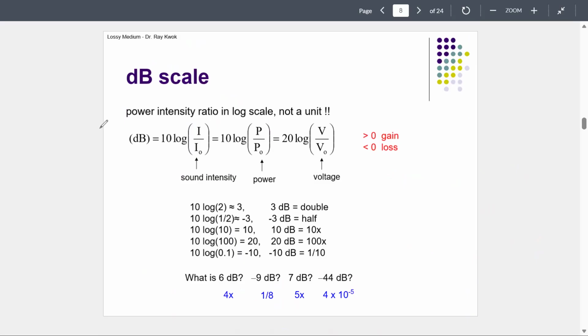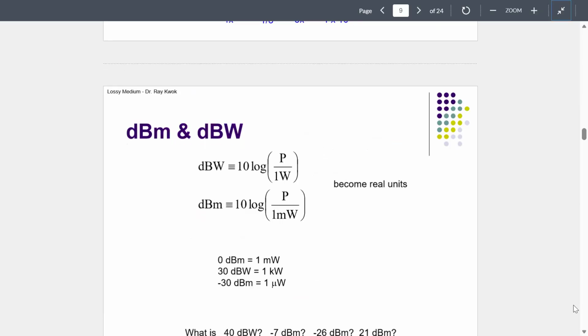I want to emphasize one thing though. dB is a scale. dB is not a unit. dB is like 100 times, 1,000 times, a dozen. It's not a unit. Okay? It's a scale. But we can turn it into a unit if I use a standard reference.